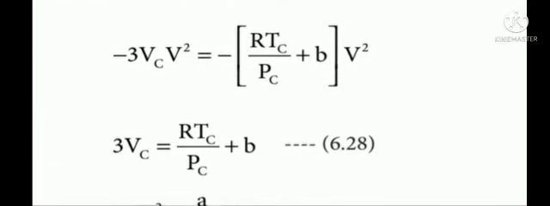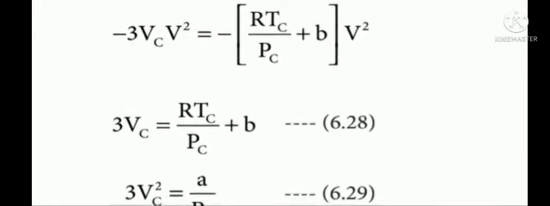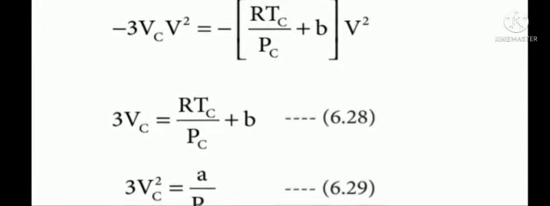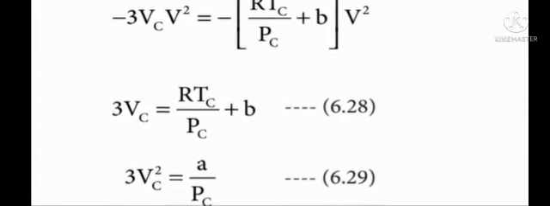Cancel minus and V² on both sides. Finally, we will get 3Vc = RTc/Pc + b. It is given by equation 6.28.